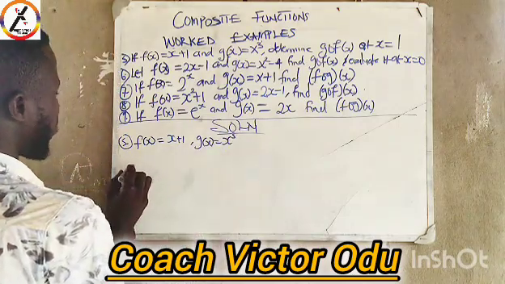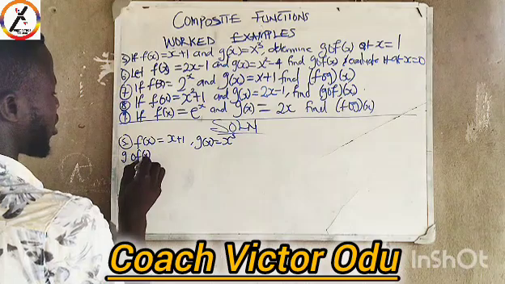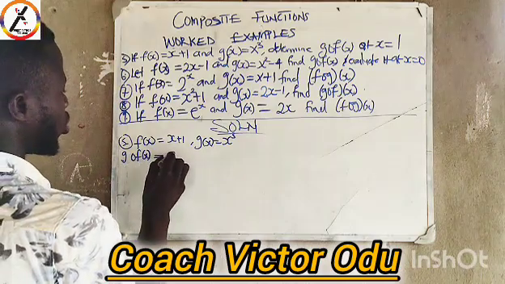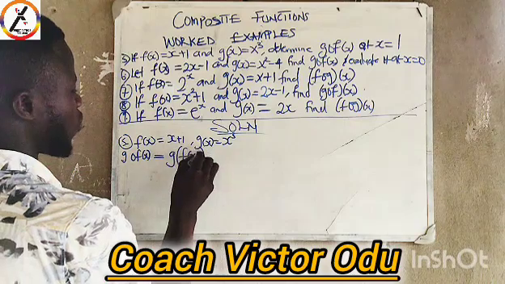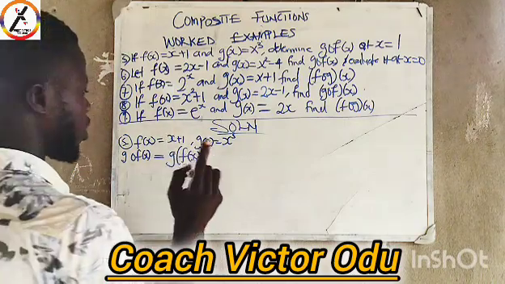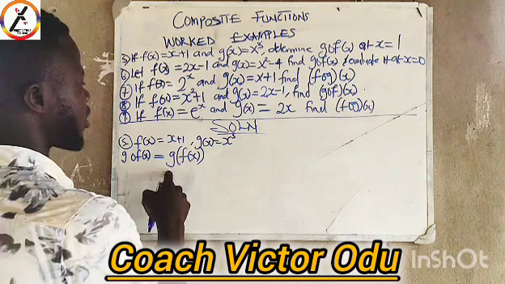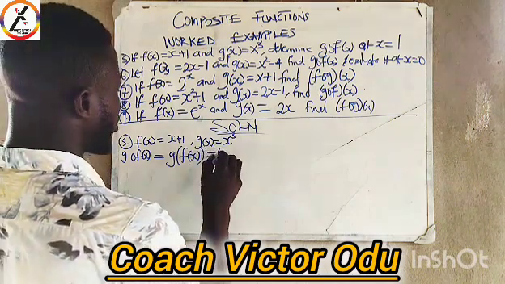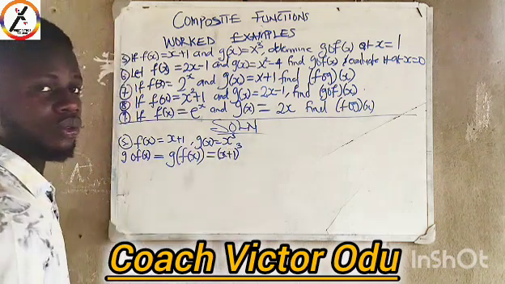So we are asked to find g of f of x, which will be equal to g of x plus 1. Remember, in our way of how to evaluate, we use parentheses very well, very important. So this is what we are asked to find. What that means is that this will give us x plus 1 all cubed.